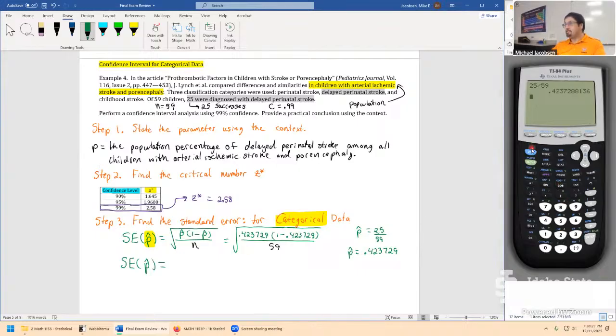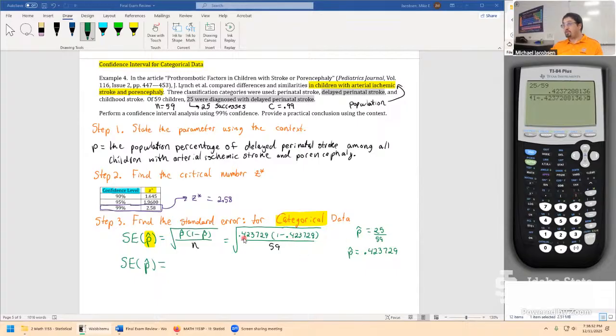Standard error of p hat. Calculator shortcuts are a good idea here too. It's second, then power 2, and this is the highly encouraged shortcut for the sake of accuracy and speed. Hit up arrow to paste it in after hitting enter. Parenthesis 1 minus. Up arrow again, highlight it, hit enter to paste it back down.